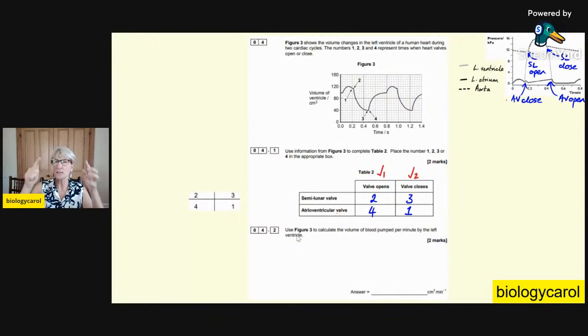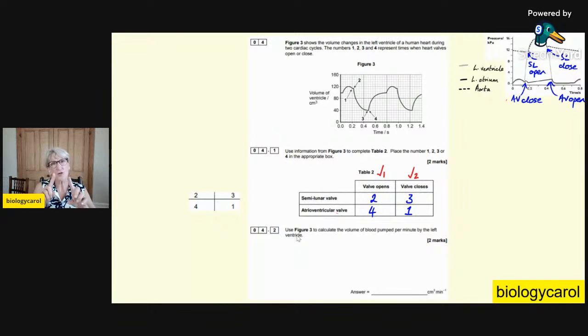Doesn't it make sense that that requires you to know the volume of the left ventricle and how many times the left ventricle contracts in order to empty the blood out of it?